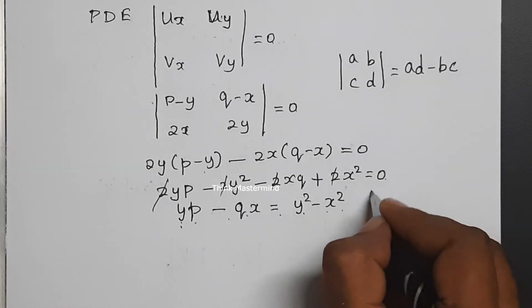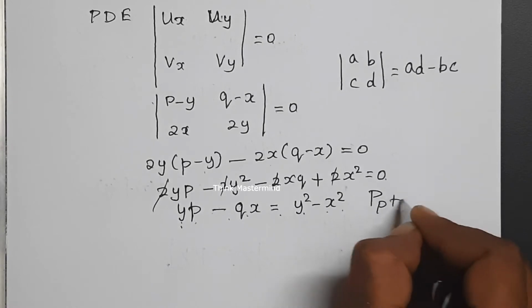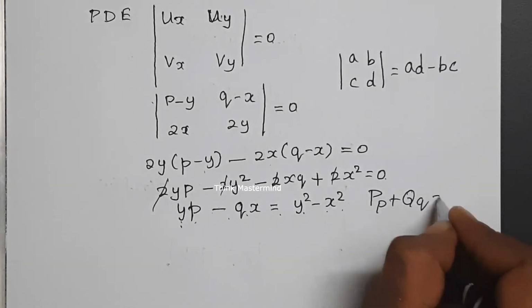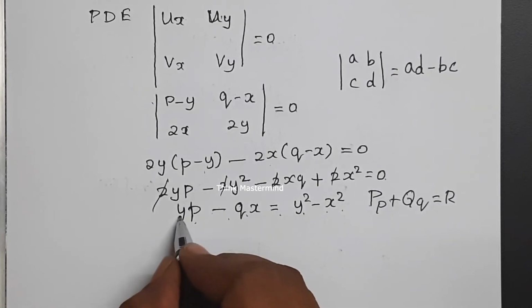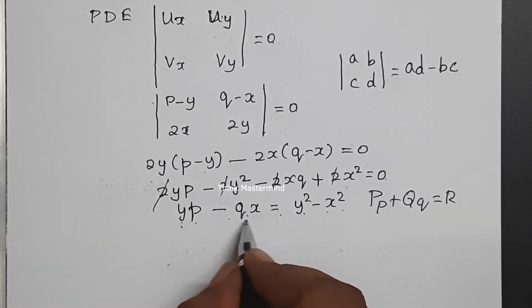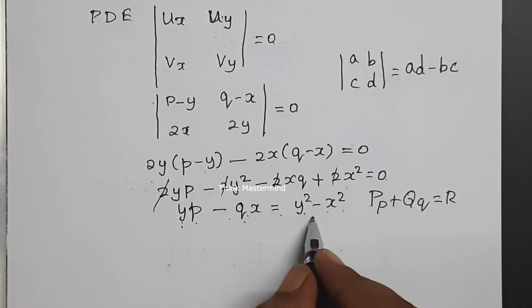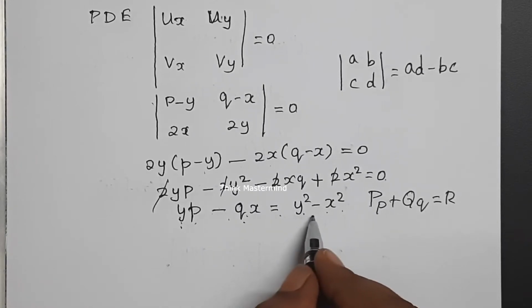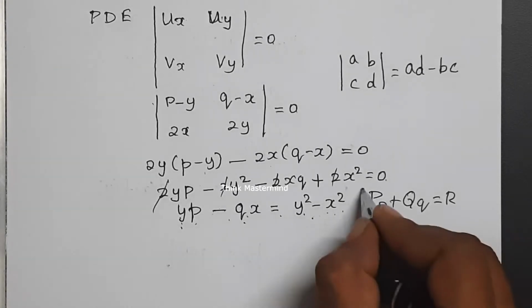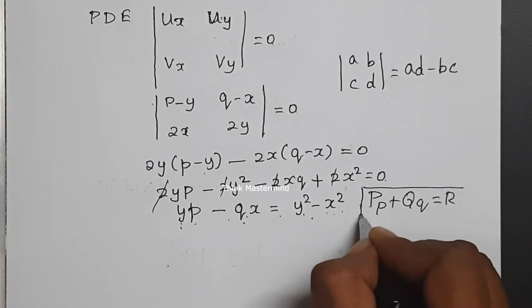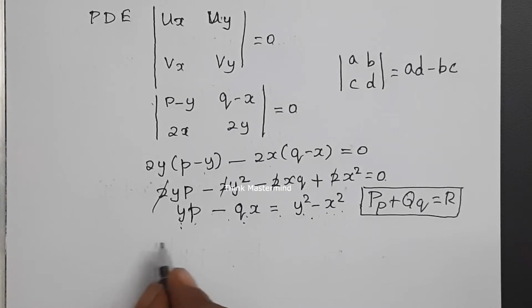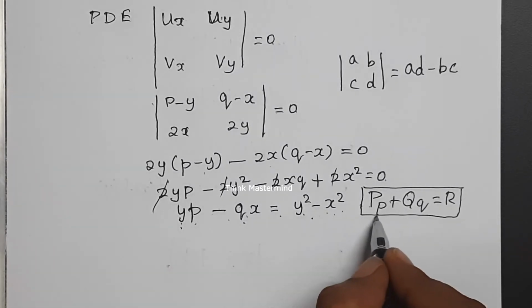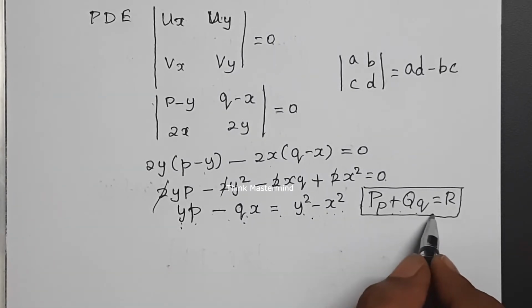It is in the form of capital P small p plus capital Q small q is equal to R. Here capital P value is y, capital Q value is x, and capital R value is y square minus x square. This is called Lagrange's linear equation. So the output of phi of u comma v as a partial differential equation represents Lagrange's linear equation.